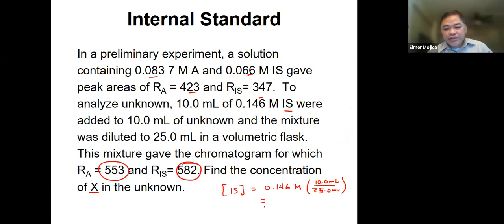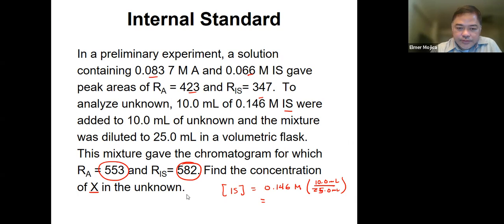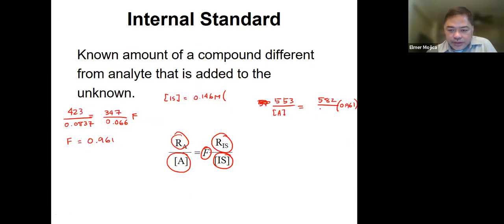So what does this equal to? 0.0584, po. Okay. So that is equal to 0.0584. So now that you have it, you can now calculate for A.